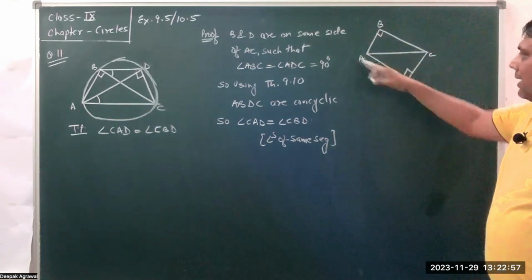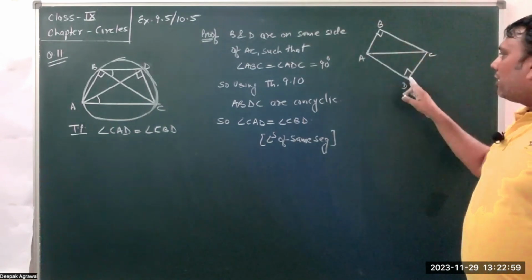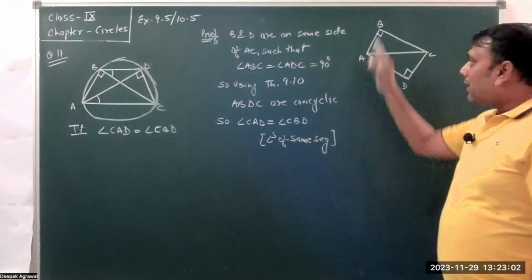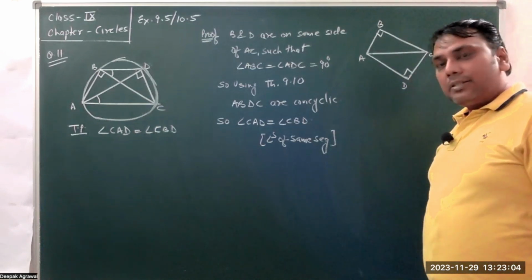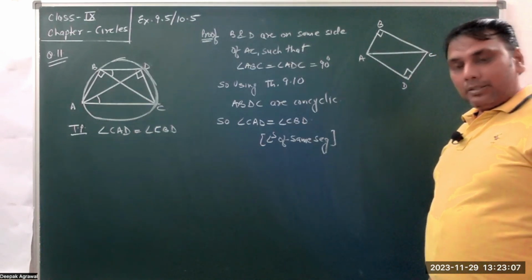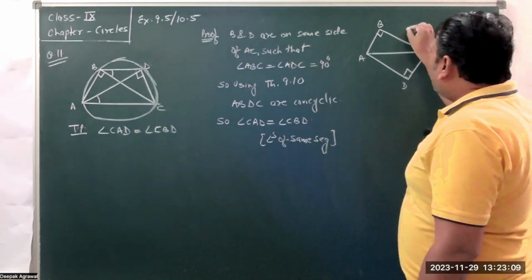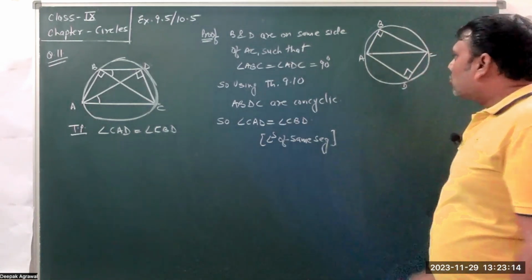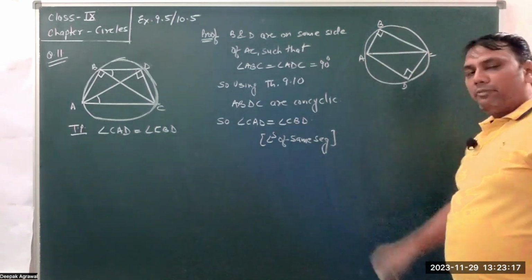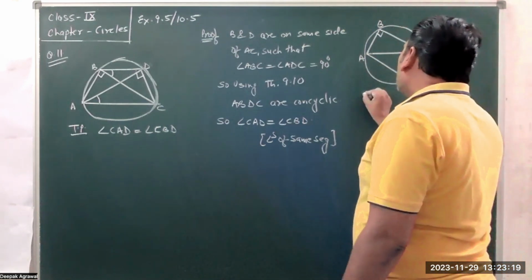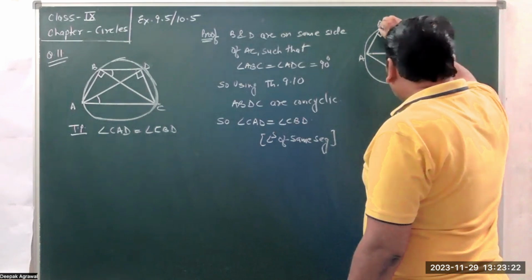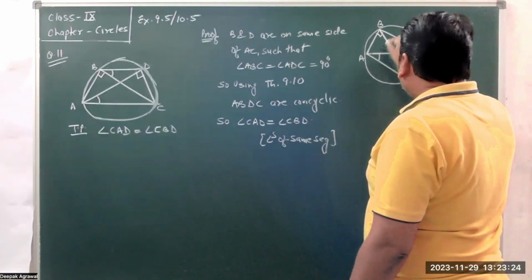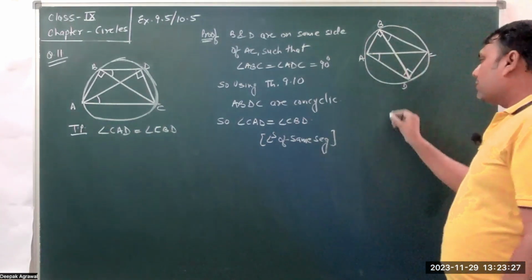Now, if I look at this entire figure, the sum of the opposite angles is 180 degrees, 90 and 90. So if the sum of opposite angles of a quadrilateral is 180, then it is a cyclic quadrilateral. That means in this case also, the points A, B, C, D will be concyclic. Fine. So in that case, if I join this one and I talk about these 2 angles.